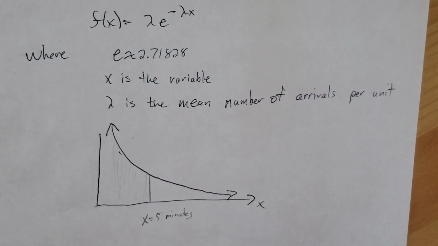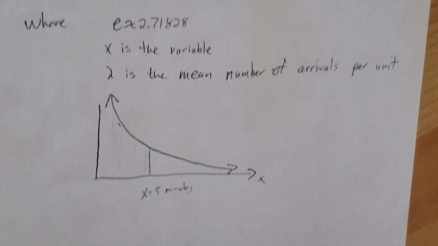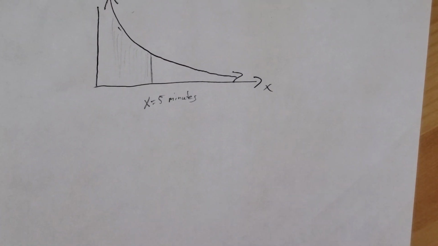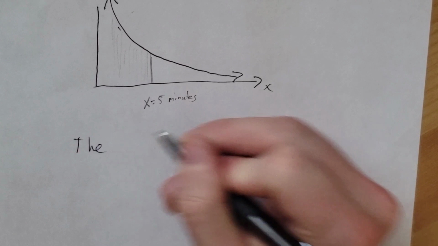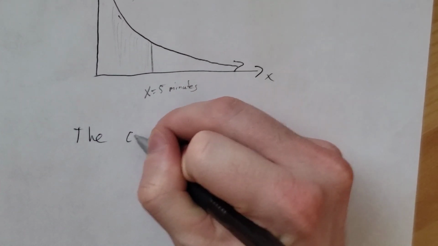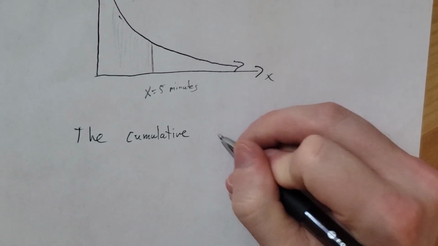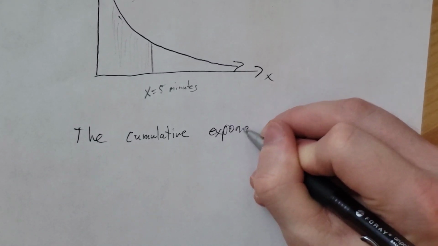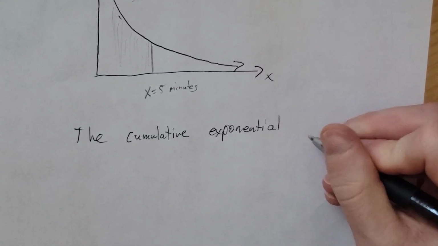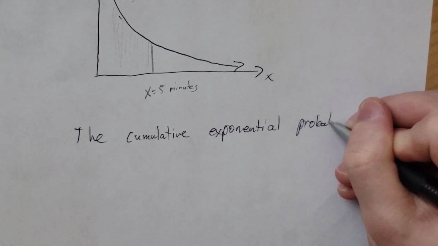And we will find the area under the curve up to that point. Well, how do we do that? We do that via the following function, the cumulative exponential probability function.